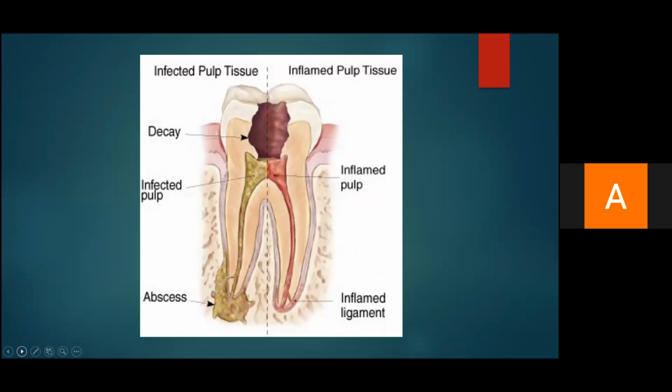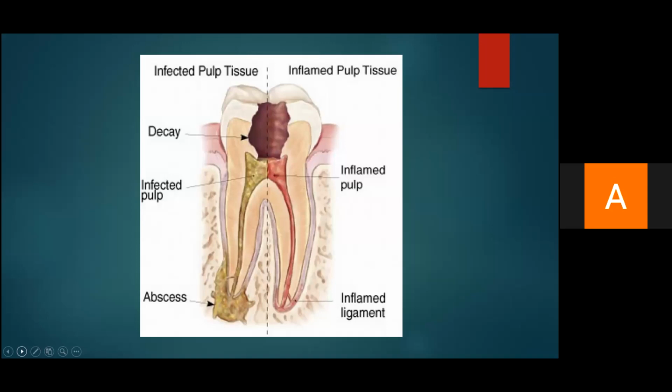Now this is what it looks like. On the right side is the inflamed pulp tissue. The inflammation can go from the pulp chamber to the root canals to the periodontal ligament. If this lesion stays there for a long time, the inflamed pulp, if not treated by root canal treatment or any restorative treatment, can become infected.